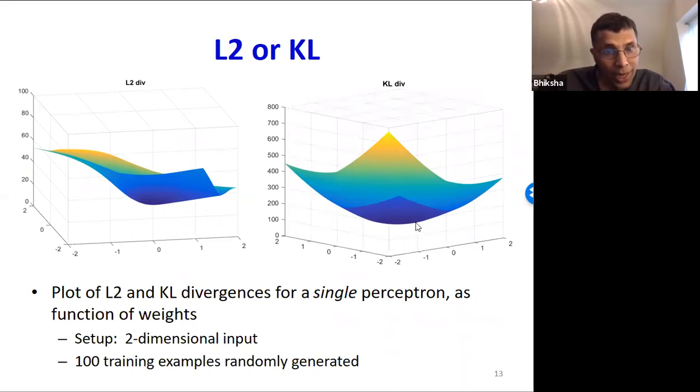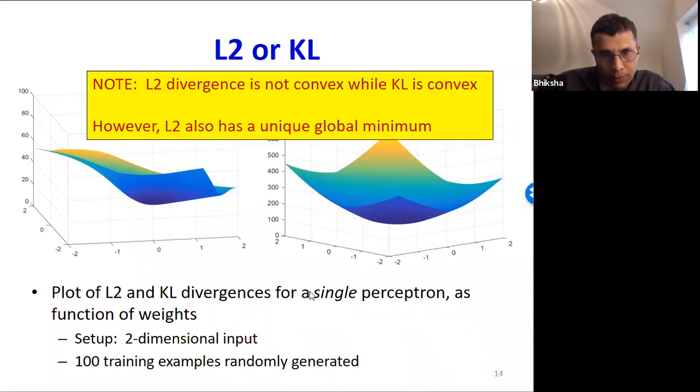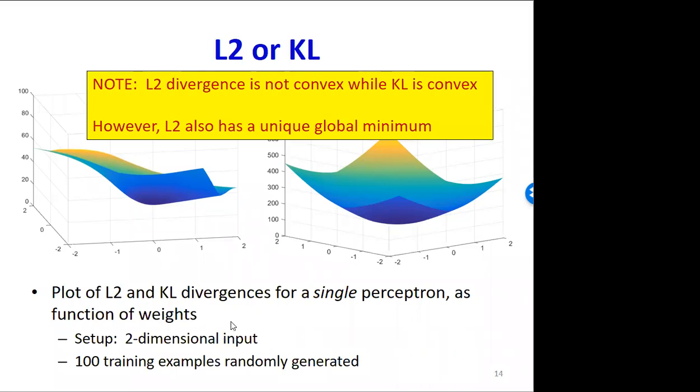And so, which is why this makes a lot more sense when your output layer is a softmax or a sigmoid than this guy does. Make sense to everyone? Could you explain why the KL would be convex with respect to the weights and L2 won't? That part wasn't very clear to me.